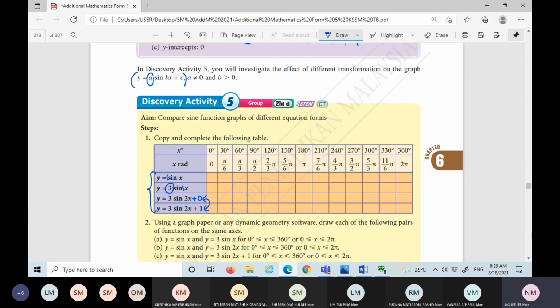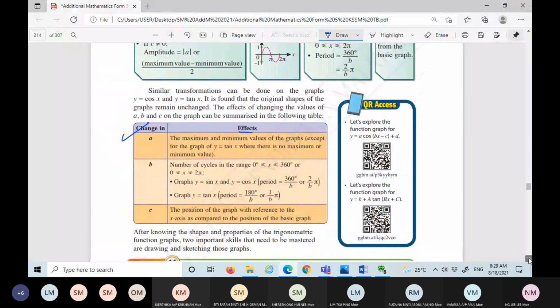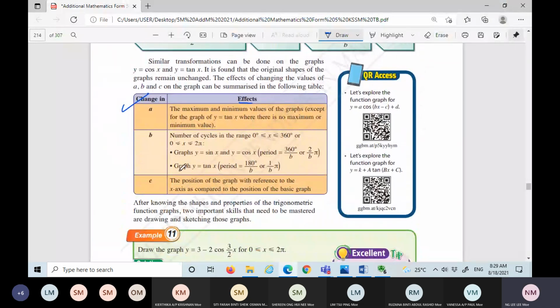We come back to the notes. So c is the position of the graph with reference to the x-axis as compared to the position of the basic graph. So it will affect the position of the graph.